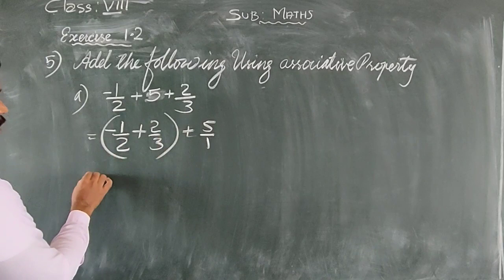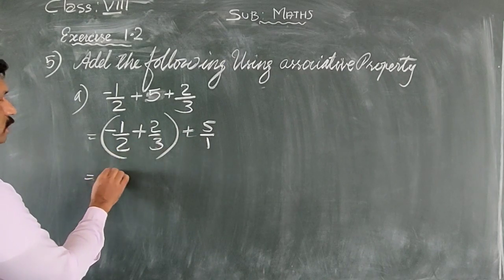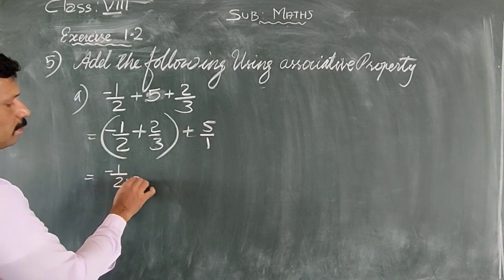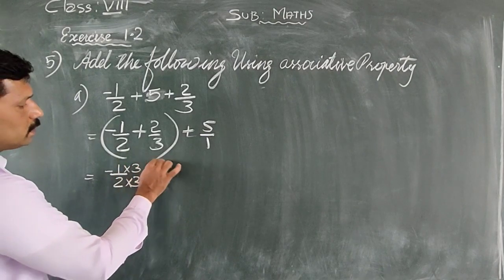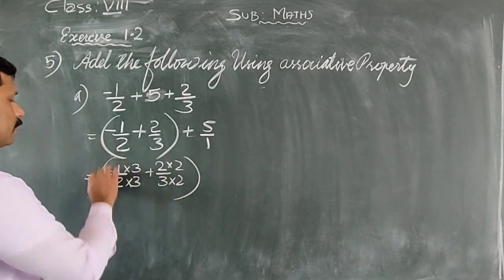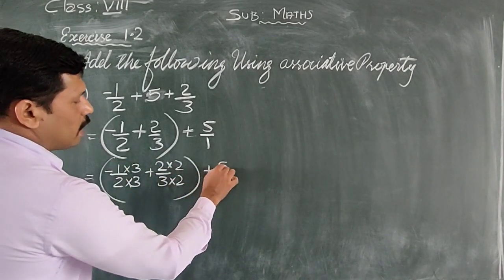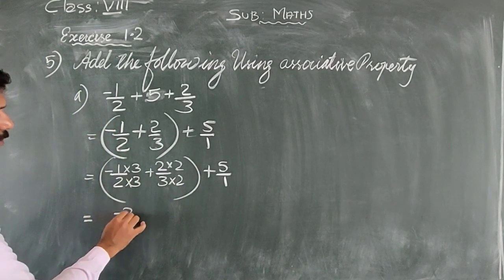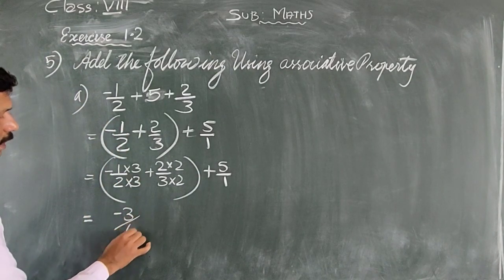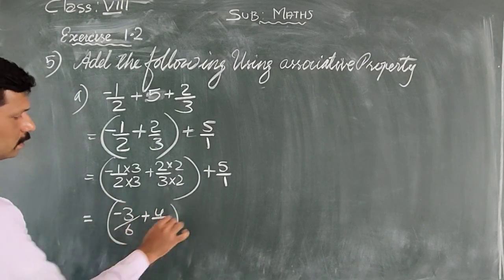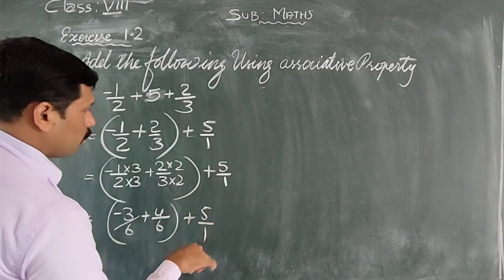So here we can take the LCM of negative 1 upon 2 and 2 upon 3. The LCM of 2 and 3 is 6 only. So we multiply here by 3, plus 2 upon 3, we multiply by 2, then plus 5 upon 1. Then we get negative 3 upon 6 plus 4 upon 6 plus 5 upon 1.